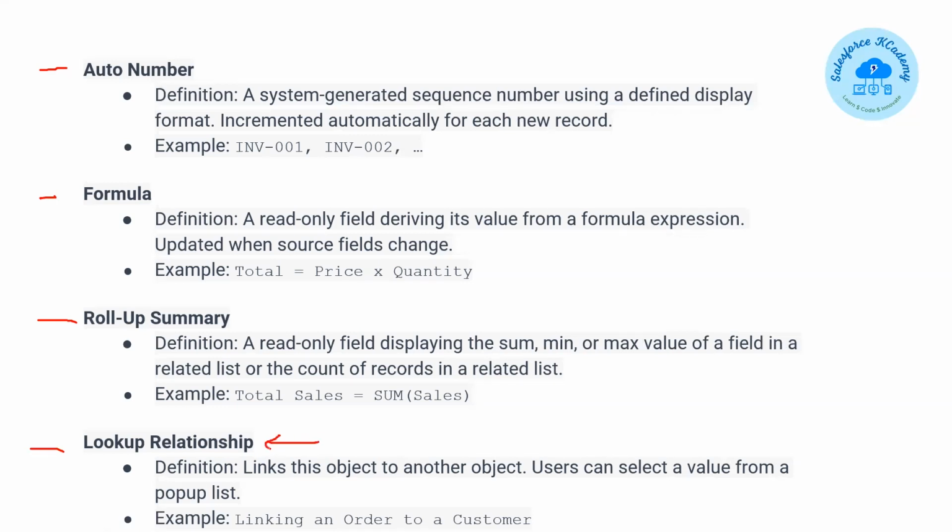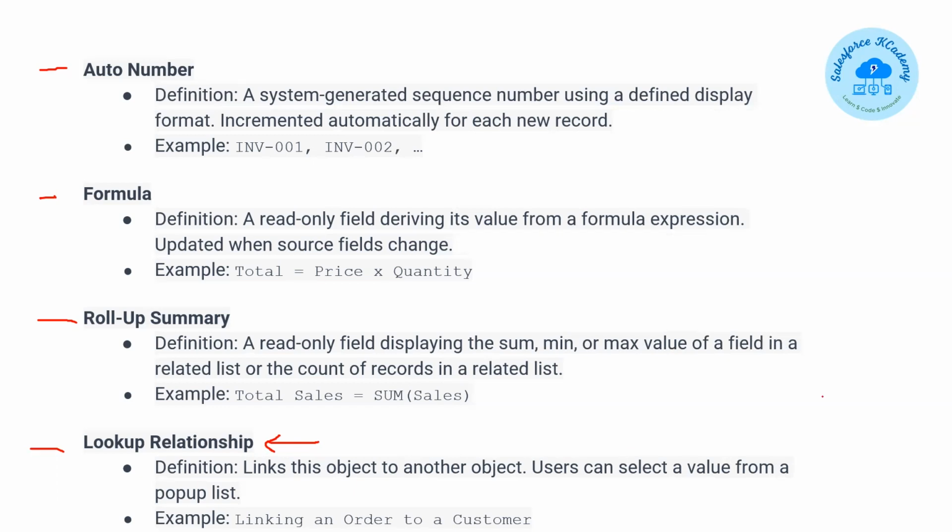From the contact, we can refer to another contact directly instead of typing the full name. If you click on search, a number of contacts will be visible in that field, and we can select one of the contacts. It means you are linking one record to another record.